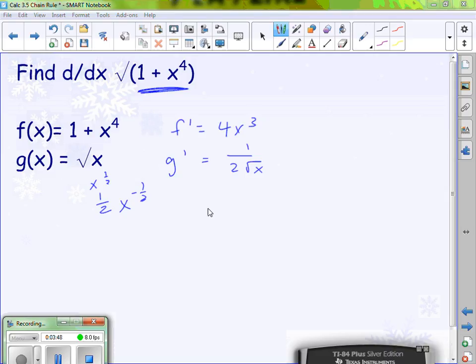To find the derivative, take the g, 1 over 2 square root of, but instead of writing x, I write this, 1 plus x to the 4th, times the derivative of this one, 4x cubed.